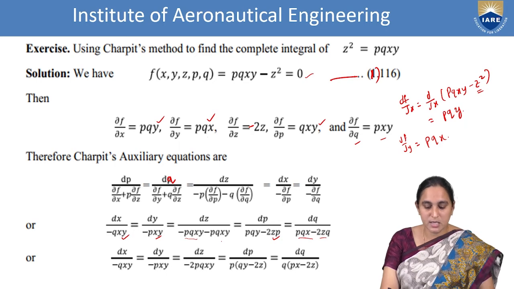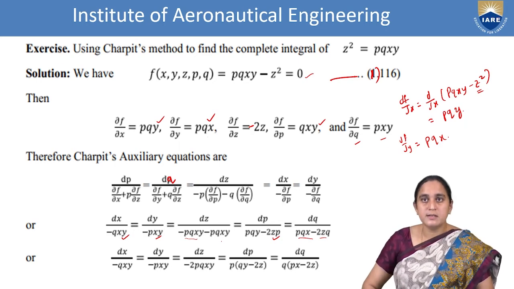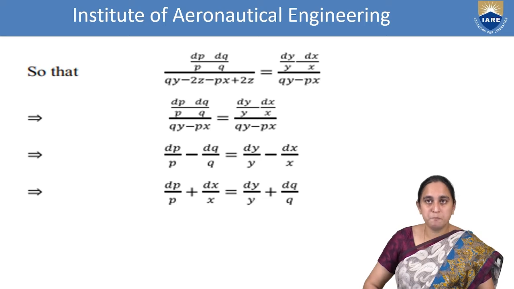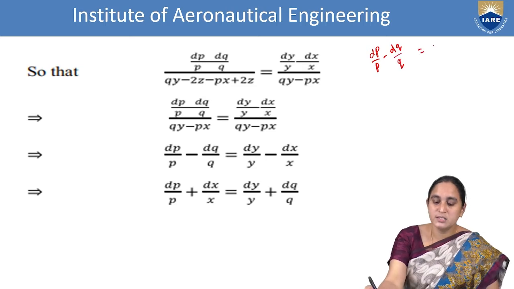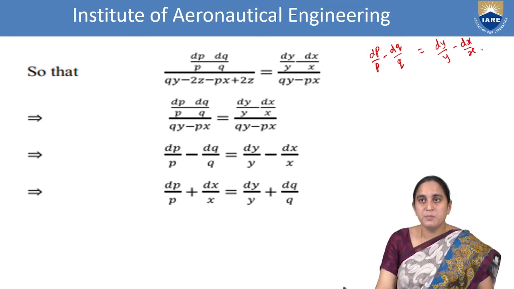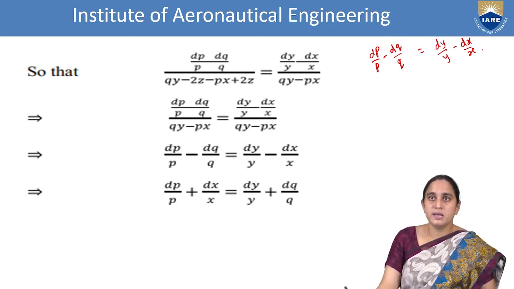That's why I'll take here dP by P minus dQ by Q form, that is equal to dy by y minus dx by x form.